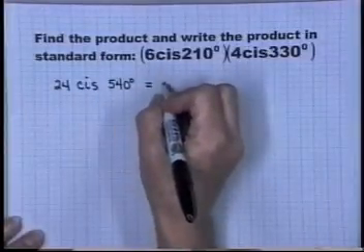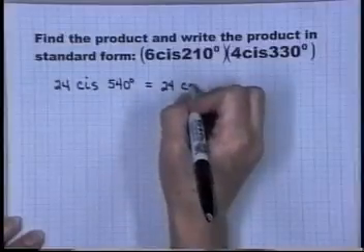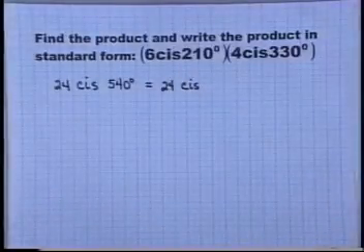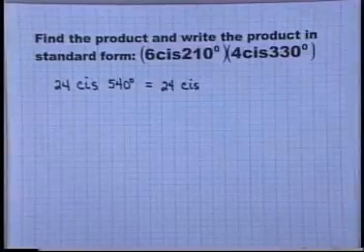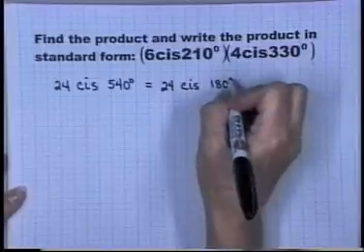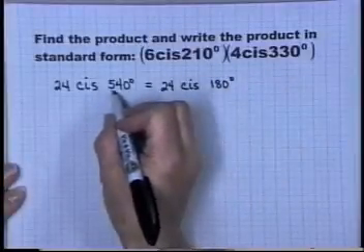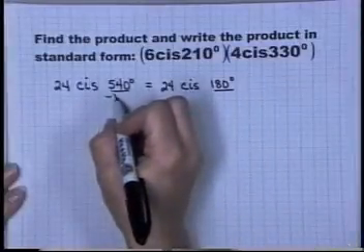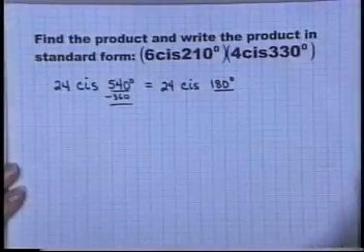Now you will notice that this angle is more than one revolution, isn't it? So let's take away 360 degrees to get that revolution out of there, because 540 degrees is equivalent in terms of our trig functions as 180. I've simply taken my revolution off. Okay?